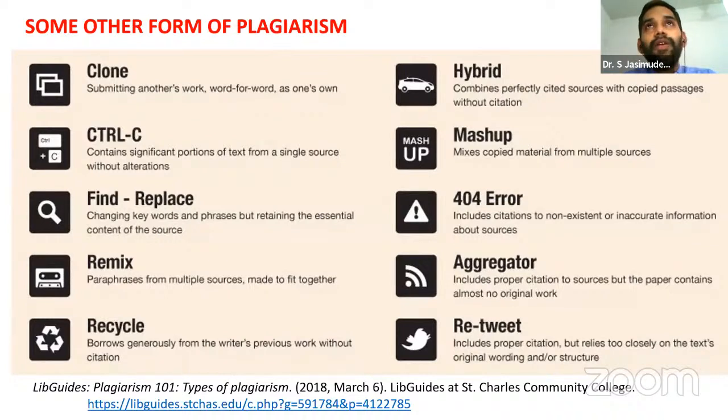Only then can we avoid it when we write articles, dissertations, theses, etc. Institutions should start add-on courses or certificate courses to make research scholars and faculty members aware of the different types of plagiarism and the problems associated with plagiarism and other aspects.